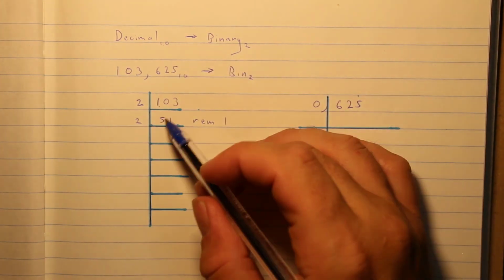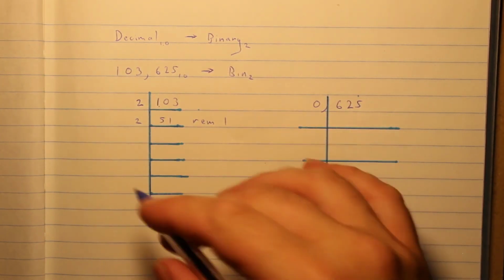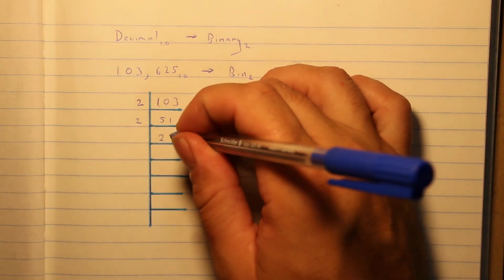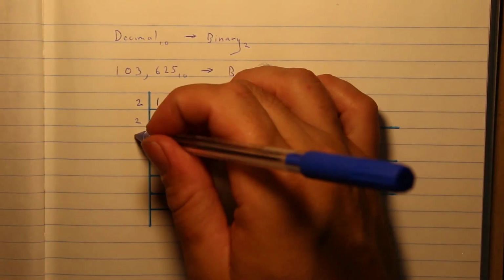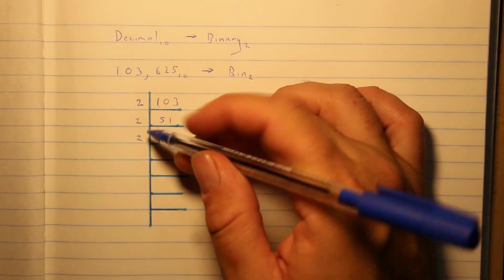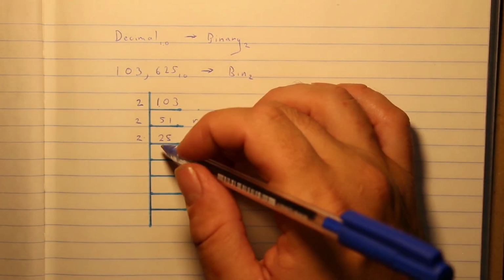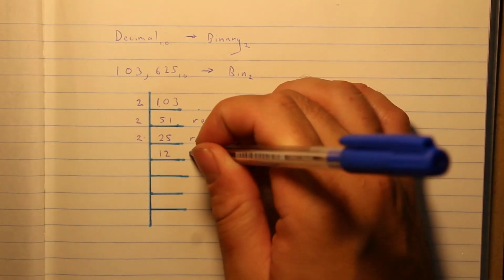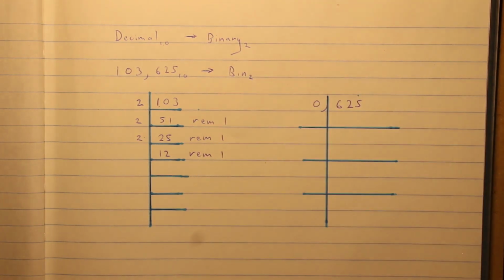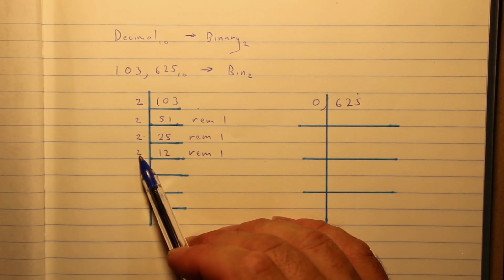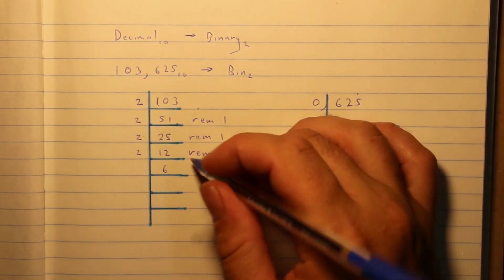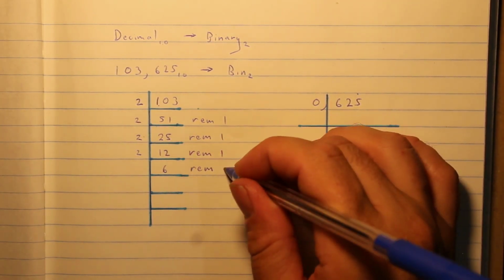Then 51 divided by 2 is 25, remainder 1. Then 25 divided by 2 is 12, remainder 1. Then 12 divided by 2 is 6, remainder 0.